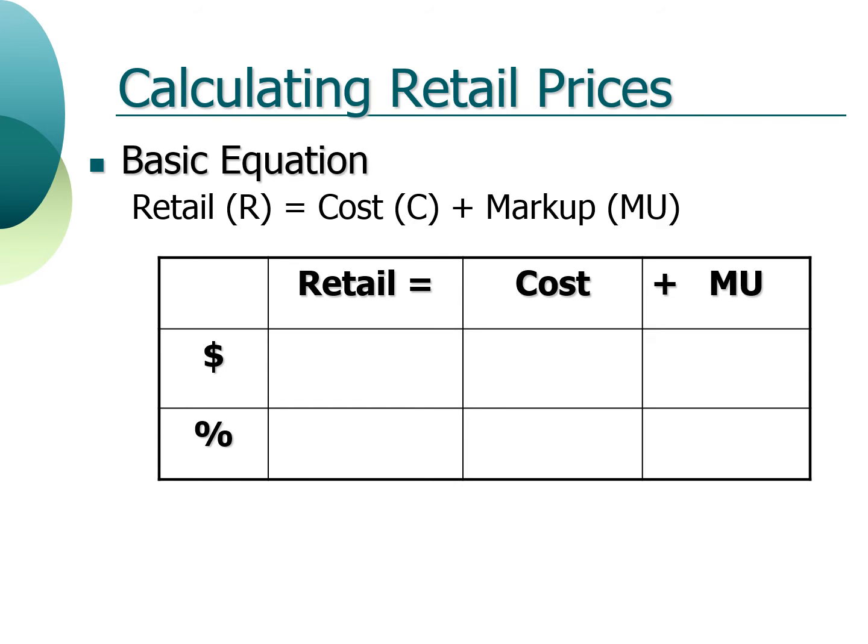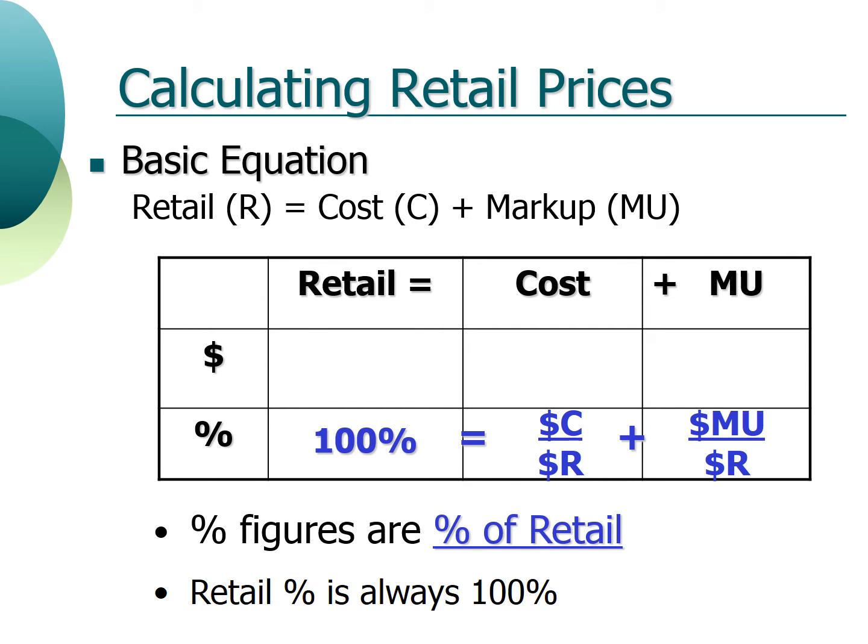This basic RCM relationship is applicable to both dollar figures and percent figures. In terms of dollars, this would be expressed as retail dollars equals cost dollars plus markup dollars. For percentage figures, all the percentages are a percent of retail, so that makes retail always 100%.